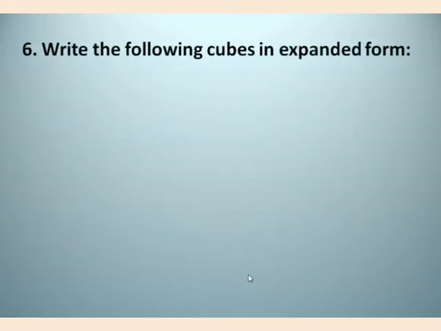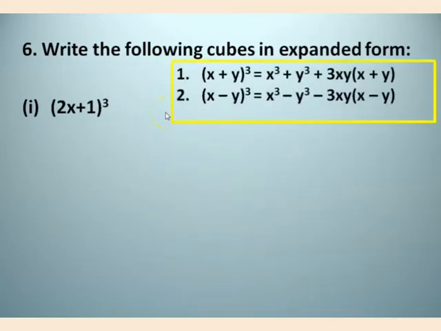Now we'll move on to the sixth problem, 2x plus 1 the whole cube. In the previous video we have learnt the identities for cubic form, that is x plus y the whole cube equals x cube plus y cube plus 3xy into x plus y. x minus y the whole cube equals x cube minus y cube minus 3xy into x minus y.